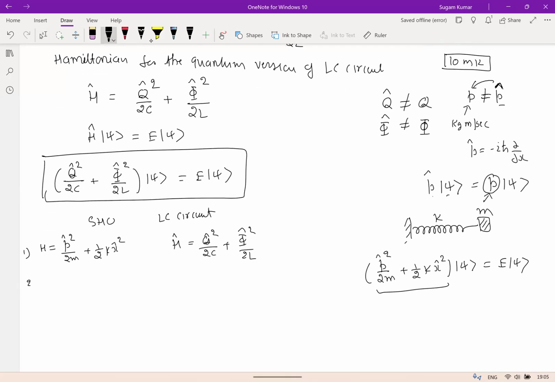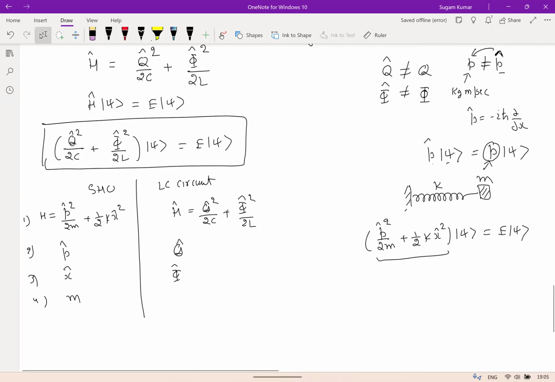The second is that momentum here is nothing but Q, the charge. Third, X cap is nothing but phi cap here. When I talk about a mass here, what is the mass here? Can you tell me? Capacitance. Correct? And fifth, the spring constant K equals 1 by L.